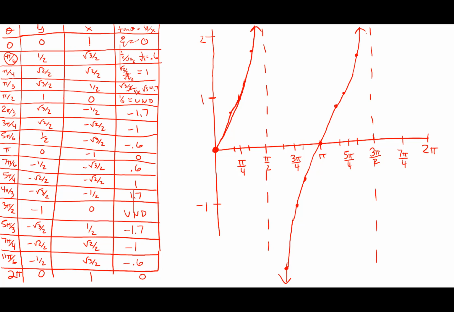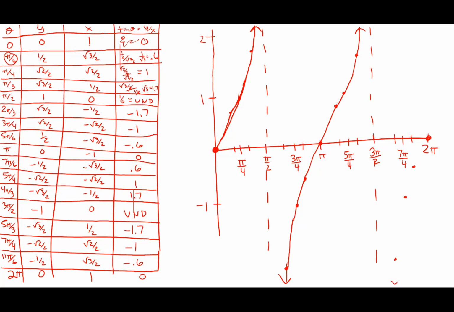As we go beyond 3 pi over 2, at 5 pi over 3, here it is all over again: negative 1.7, negative 1 at 7 pi over 4, at 11 pi over 6 it's negative 0.6, and we get ourselves back to 0 over here. Let me adjust this little dot just a little bit.